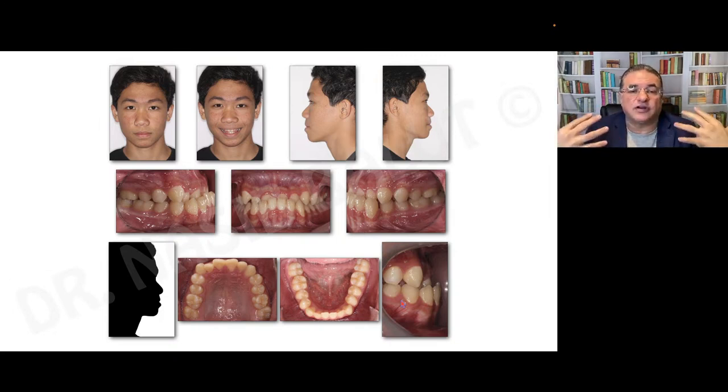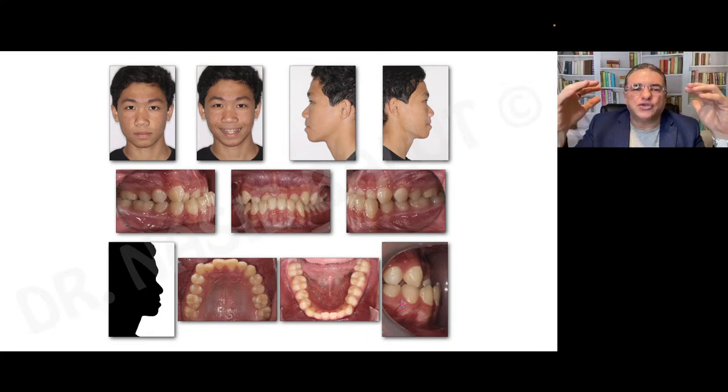It's a very light force. They don't feel it. But this is one of the great advantages of the Damon system, that we have low friction and we can use low forces. And this is a big difference that we can get.